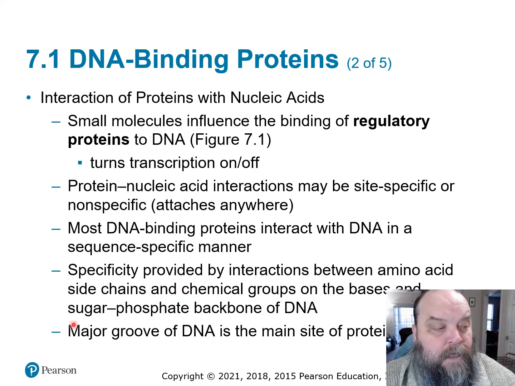If you think back to what you learned about the structure of the double helix, you hopefully remember there is a major and a minor groove due to the double helix structure. These DNA binding proteins are going to interact, and they're going to situate themselves within the major groove.